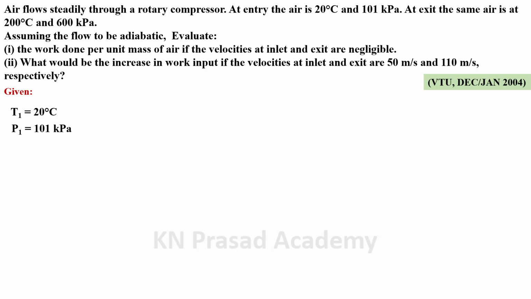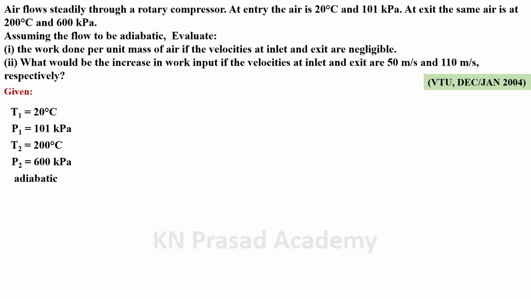At the exit, the same air is at 200 degrees Celsius and 600 kilopascal. So it is given: T2, the final temperature, 200 degrees Celsius, and P2, the final pressure, 600 kilopascal. Assuming the flow to be adiabatic, so there is no heat transfer.